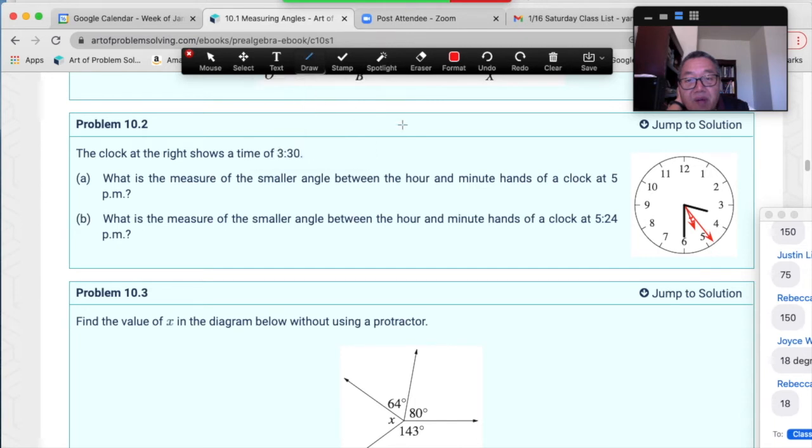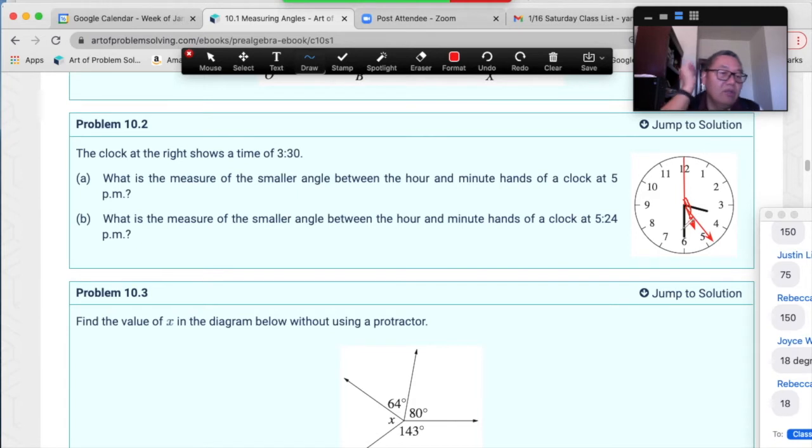I think one way we can do this: you calculate how many degrees the hours hand passes from 12. Then you calculate how many degrees the minute hand passes from 12. Then you use the hours hand angle minus the minutes hand angle, then you get this angle, right?